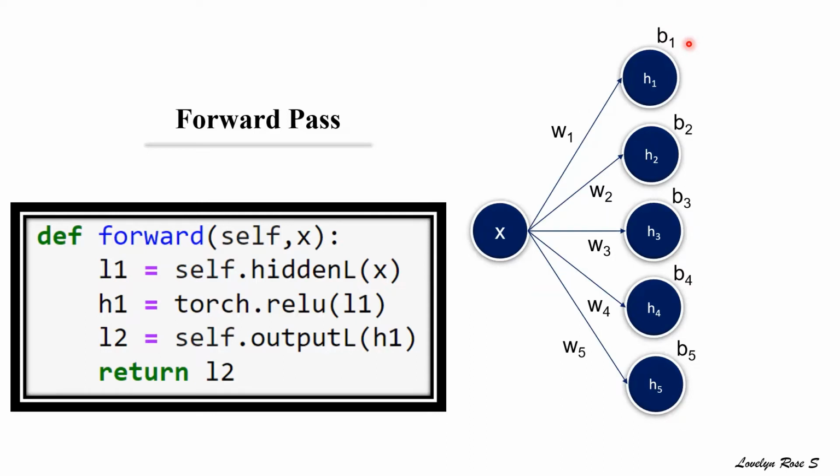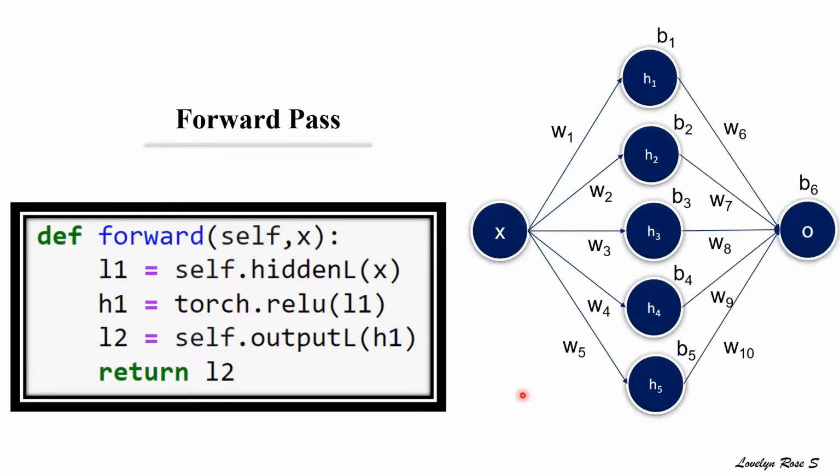I pass it through the ReLU activation function and I get the output as H1. This H1 is given as input to the output layer. And then the output from the output layer is taken as L2. And that is the final value that I will get after making a forward pass.